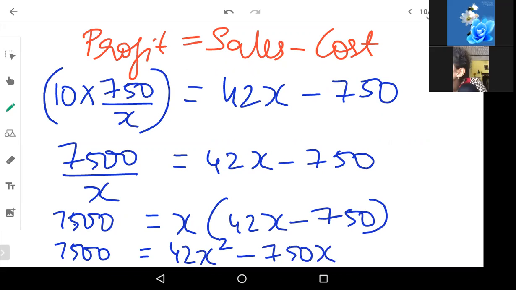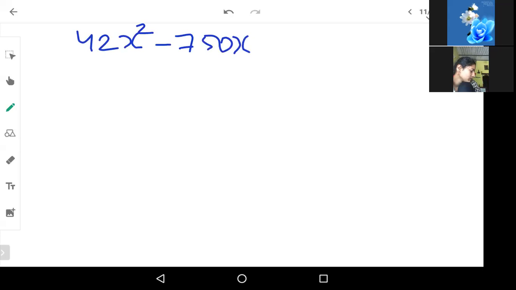Now, after this, we have to get it into an equation format. So 42x square minus 750x minus 7500 is equal to 0. So this will be the equation where I will be using the formula to solve. Using the formula, I will solve the roots of the equation. Okay, did you all understand how to get the roots of the equation?